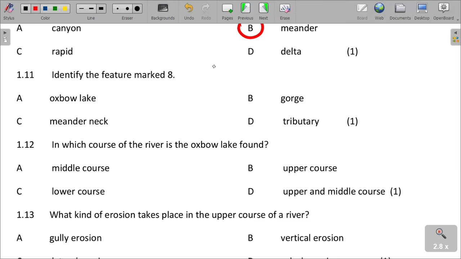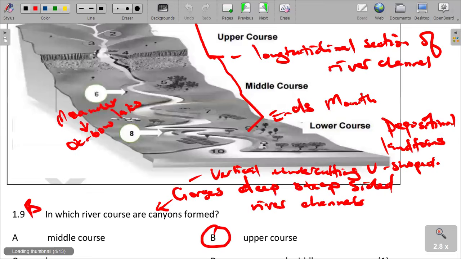Identify the feature marked 80. If you look at feature marked 80, it represents a meander that is cut off. We call that a meander scar. This is called an oxbow lake, or can also be called a meander scar.